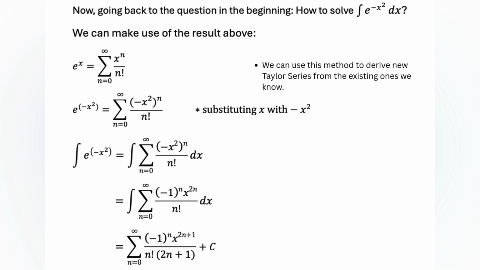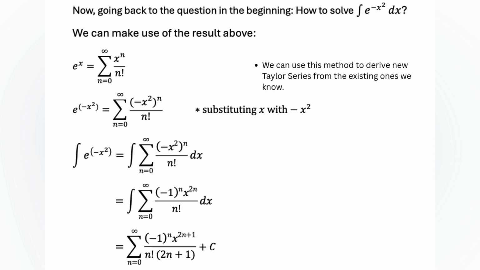If we substitute x with negative x squared, we get e to the negative x squared equals the sum from n equals 0 to infinity of (negative x squared) to the power n over n factorial. That simplifies to the sum from n equals 0 to infinity of negative 1 to the n times x to the 2n over n factorial.